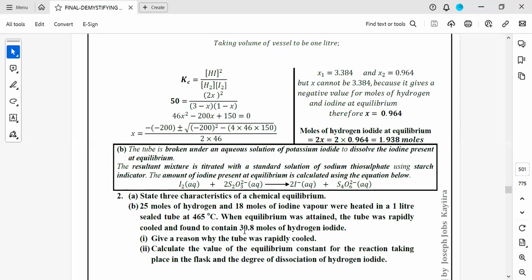Who can give us the reason why the tube was rapidly cooled? Anyone to tell us why you think the tube was rapidly cooled? Like I said, you can always share your thoughts in the chat or you raise your hand and tell us.